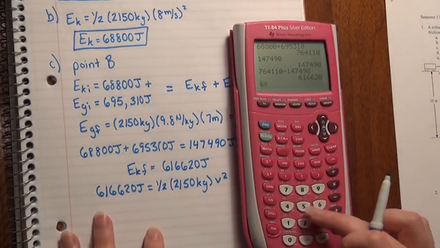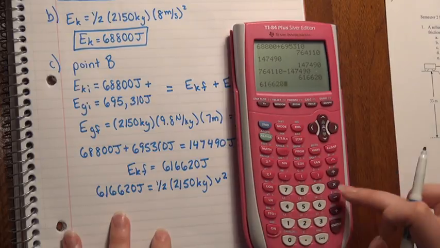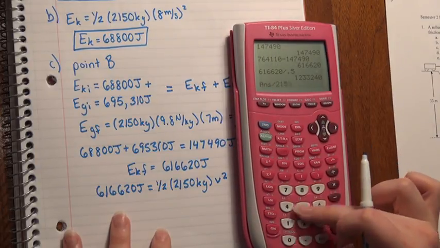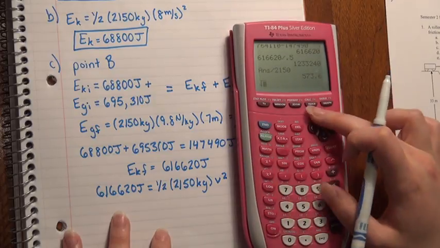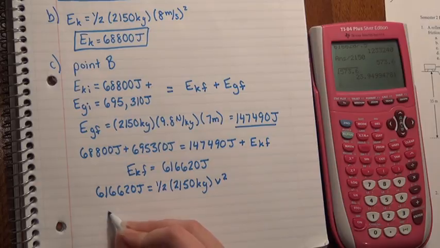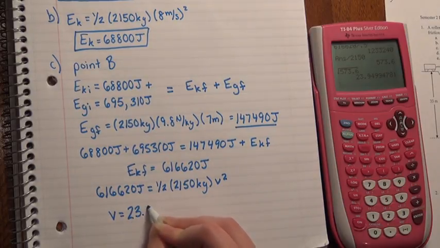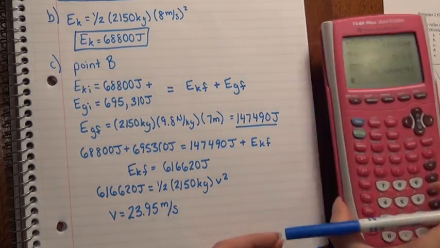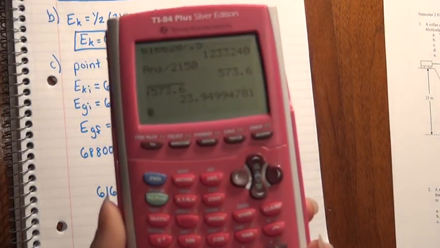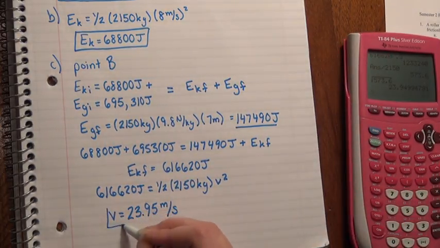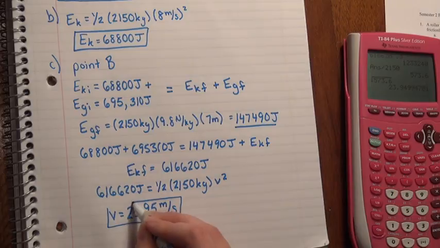Now, once again, plugging this into our calculator, we can say that the ending velocity, the final velocity, is equal to 23.95 meters per second. You can see that in the calculator here. And so that will be our answer to part D.